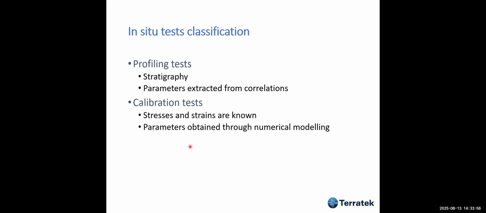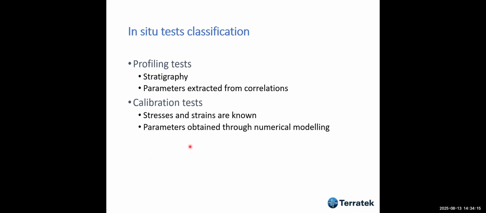Regarding in situ tests, we have two kinds of tests, profiling and calibration. What's a profiling test? A profiling test uses the stratigraphy, but parameters are extracted from correlation. And we just have seen one, the SPT is a profiling test.